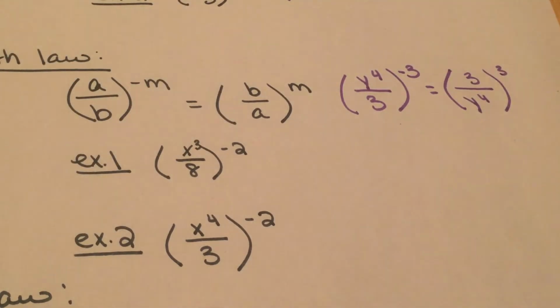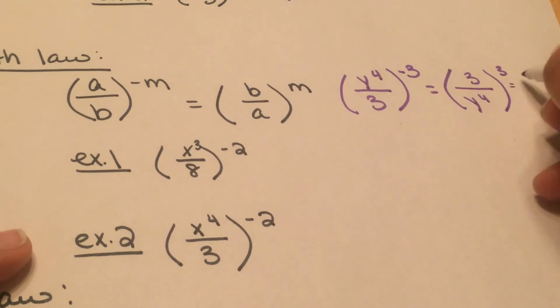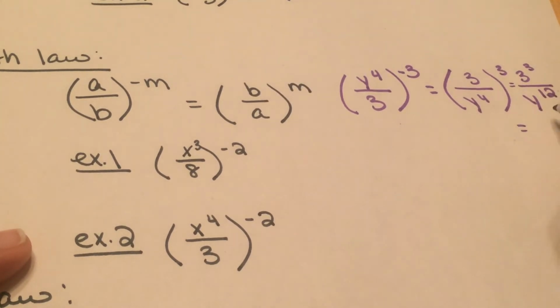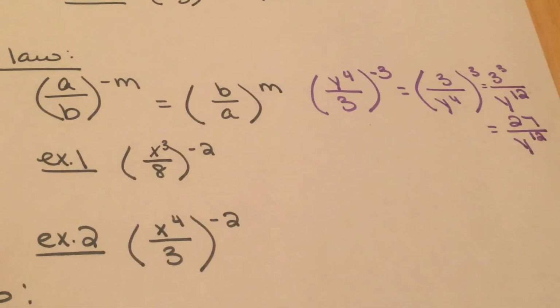And then we know, because we just saw our power of a quotient property, that this really means 3 to the third power over y to the 12th power, which will simplify, because we do want to simplify that 3 to the third power, to 27 over y to the 12th power.